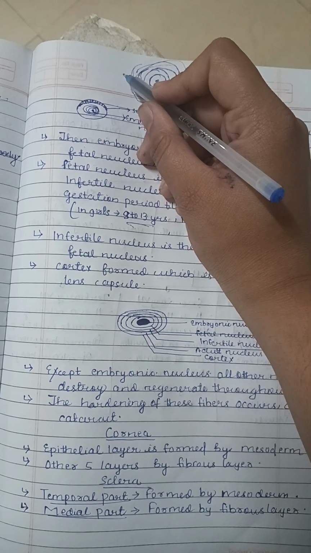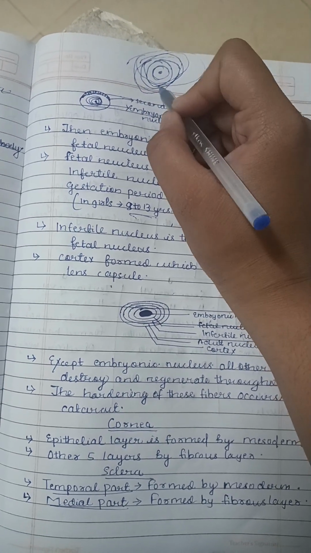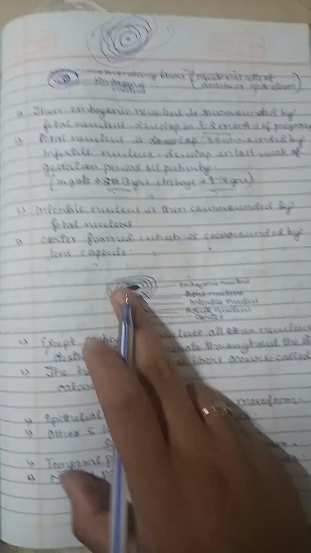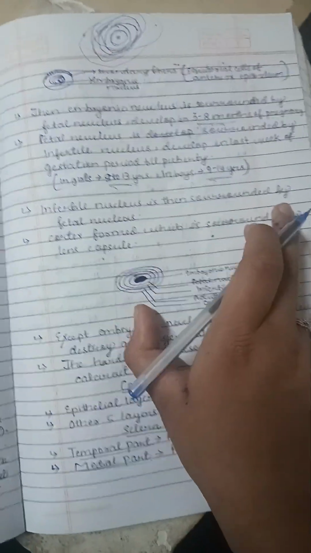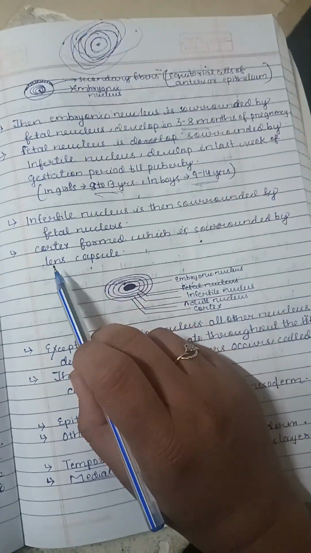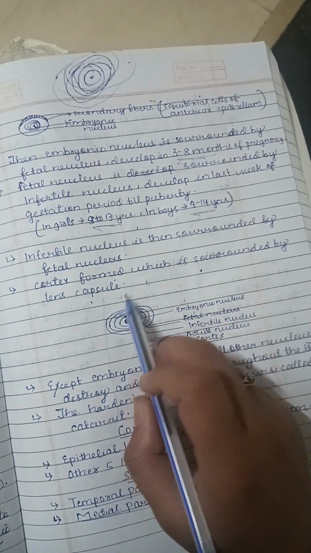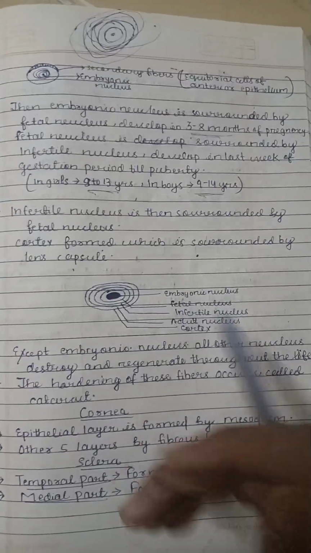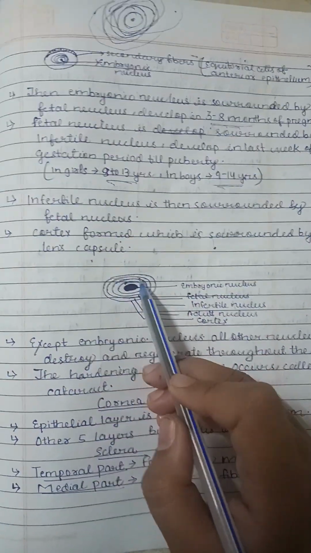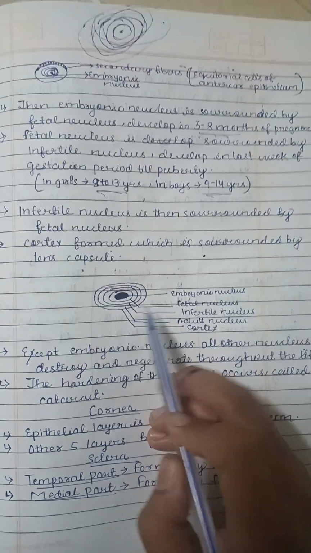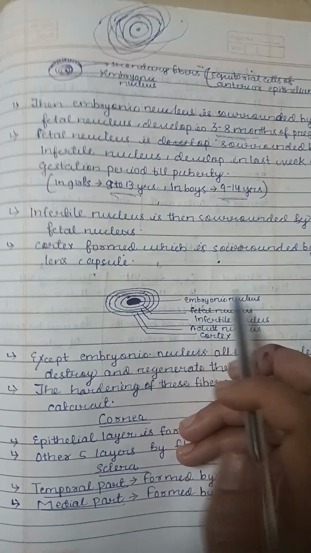Then at the end, the cortex is surrounded by the lens capsule. Here you can see this is the embryonic nucleus, then the fetal nucleus, infantile nucleus, adult nucleus, then cortex.